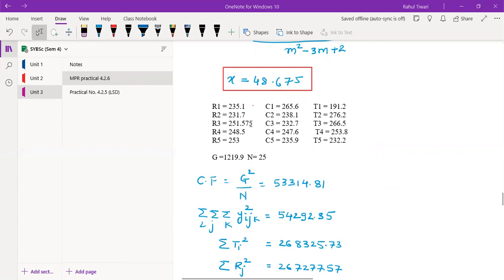Or maybe they have approximated to 51.6, meaning they have just approximated up to 0.2. Fine.